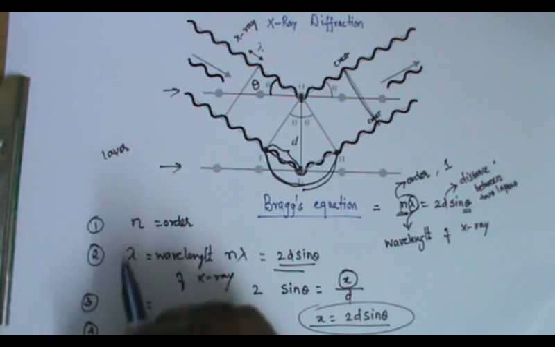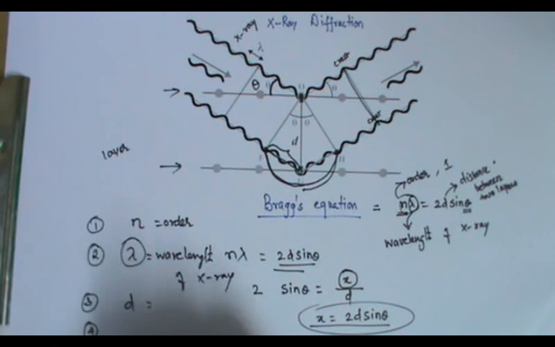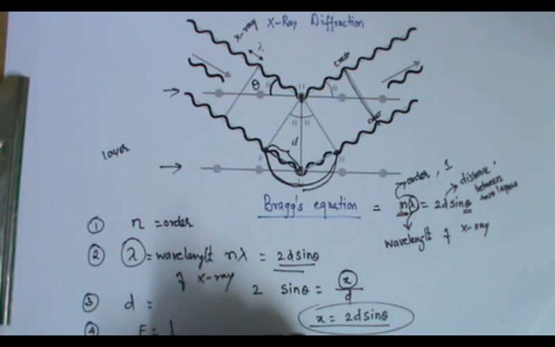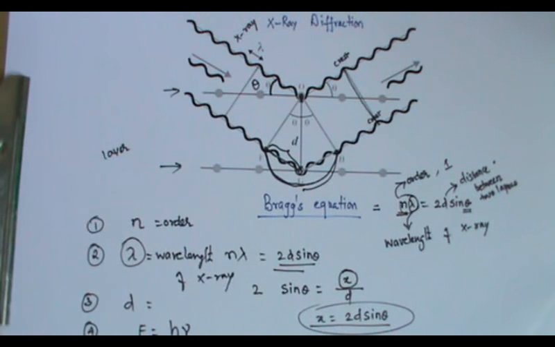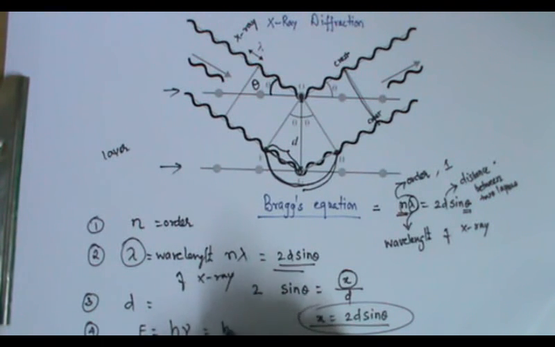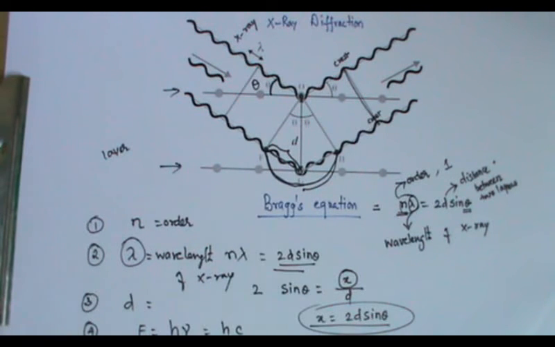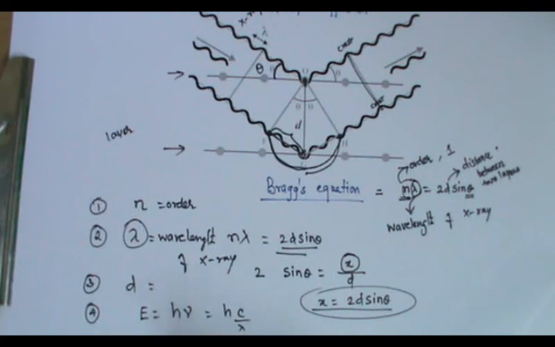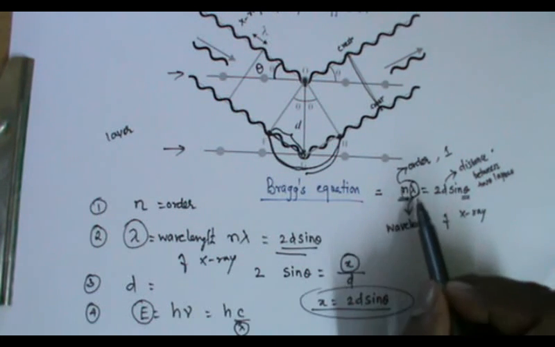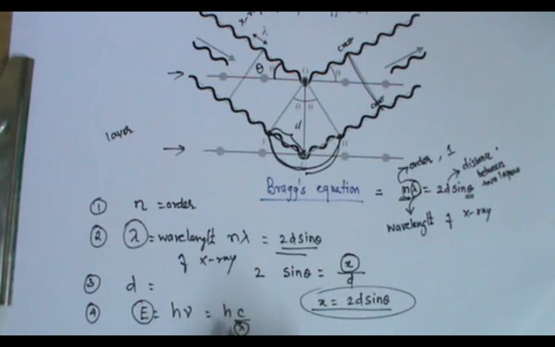Further, if you know lambda, you can go for E is equal to h nu. It is nothing but hc by lambda. So you can find out even the energy of X-ray. It is possible because you know lambda, that you can calculate from this, that can be substituted in this formula.